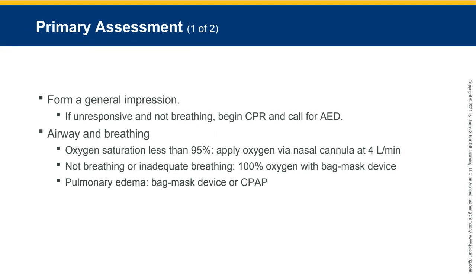So if it's less than 95% and still above 90, low flow is preferred. So note this slide. Low flow is preferred. So do not give a patient with an MI high flow oxygen if it is not needed.